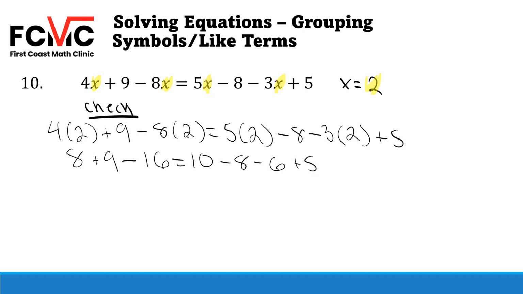Plus 5, so now I'll just go left to right. 8 plus 9 is 17. 17 minus 16 is 1. 10 minus 8 is 2. 2 minus 6 is negative 4. So I'll write that down here. Negative 4 plus 5 is going to be 1. So we get 1 equals 1. Our solution checks. Our answer is going to be 2.